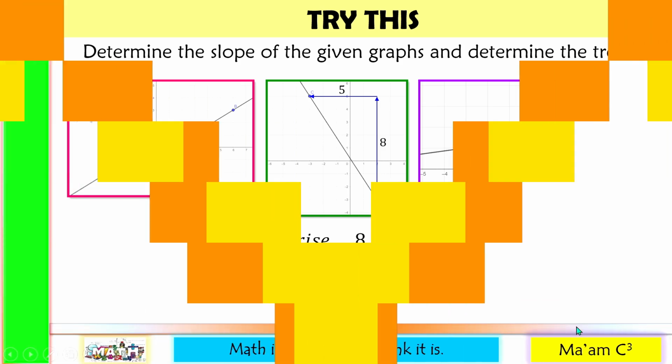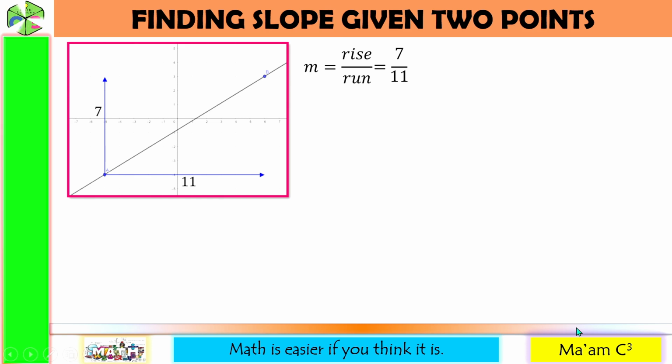Now let us determine the slope if we are given 2 points. I'm going to use the same graph that we solved earlier. First, I'm going to determine the coordinates of this point, and this is negative 5, negative 4. While this point here is positive 6, positive 3, (6, 3). What I'm going to do next is to determine the change in y and change in x. Change means delta.